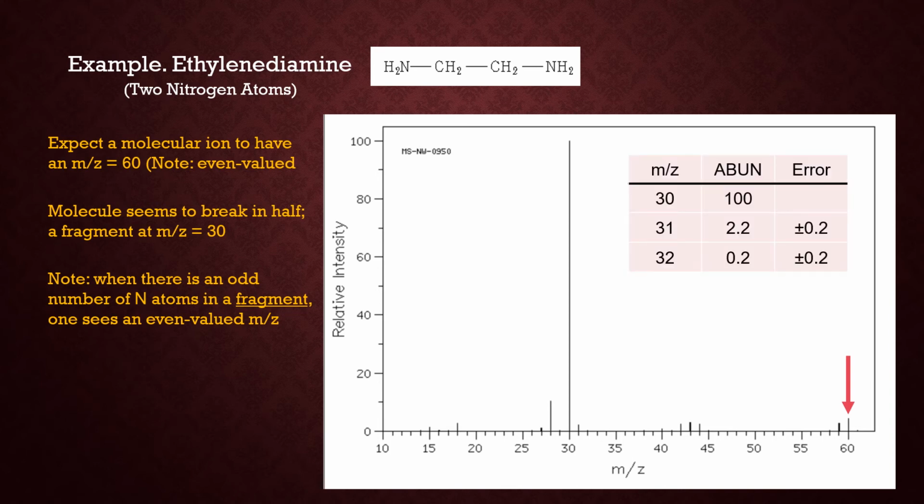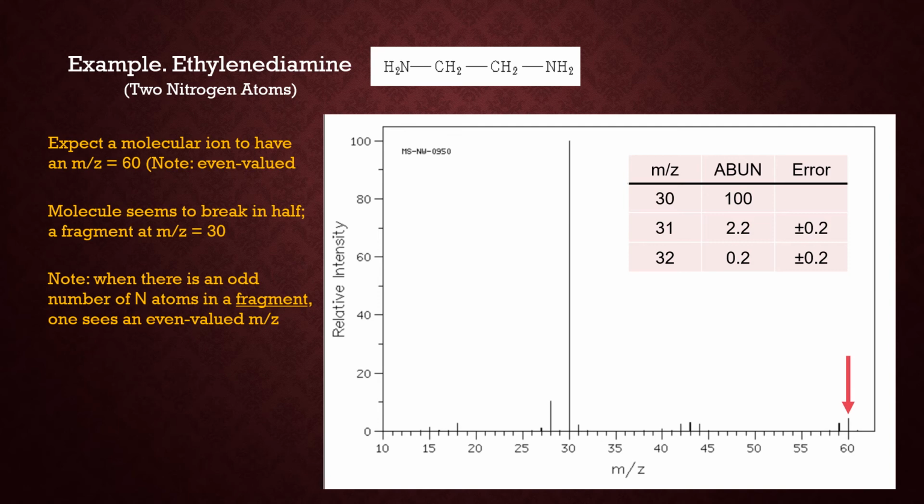So if I now try to analyze the peak appearing at 30, I have the following information. I get an abundance of 2.2 at the A+1 position, suggesting as many as 2 carbons, and an A+2 of 0.2, suggesting some oxygen.